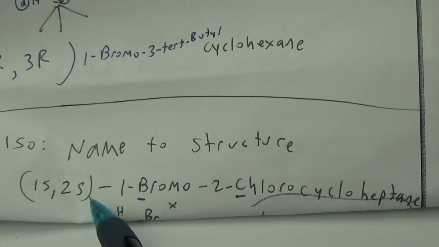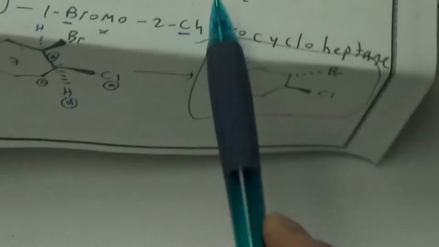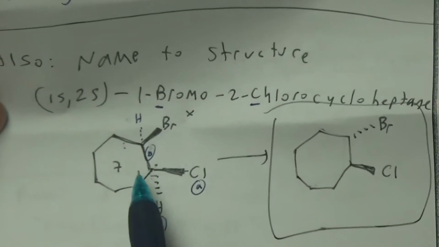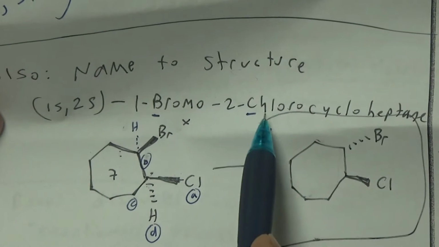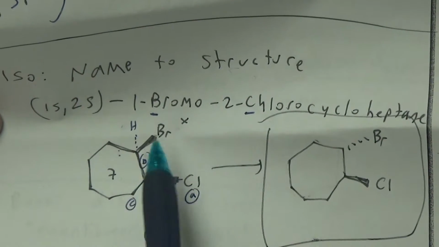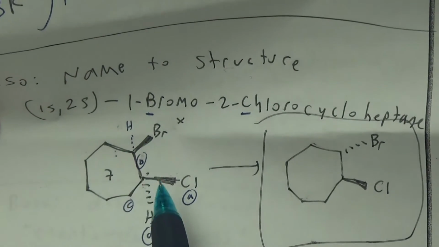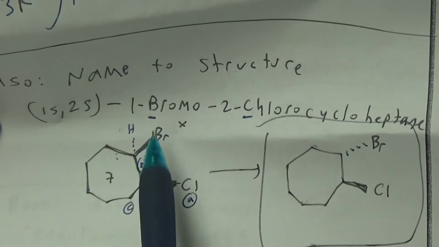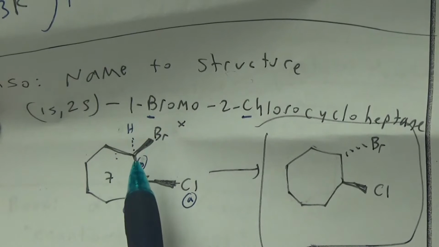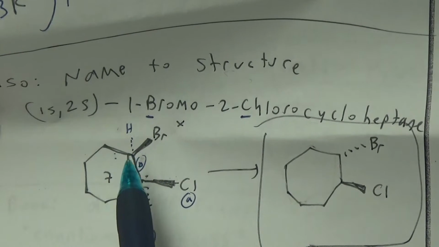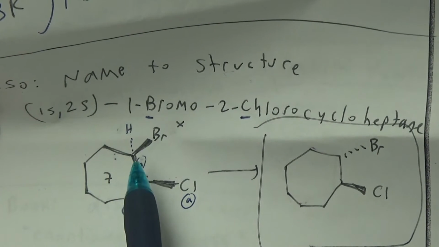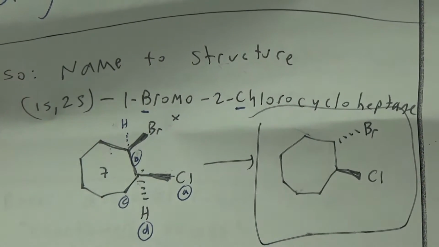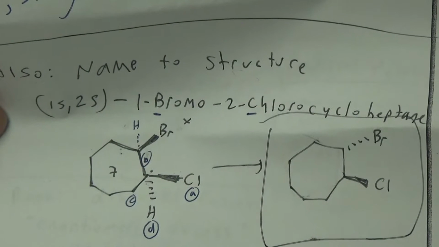And the trick, and this is what we did at the very end, was you start by just drawing 1-bromo-2-chlorocycloheptane, without really caring about stereochemistry, and then you figure out if you were right or not. In this case, we drew something, and then I checked 1, I checked 2, figured out that 1 was wrong, 2 was right, so then I just flipped 1 and it became dashed. Okay, so that was the other trick we learned last time.